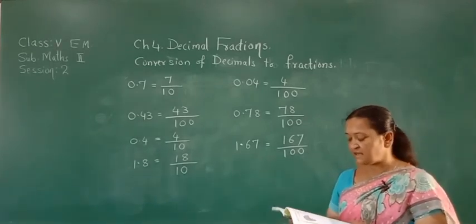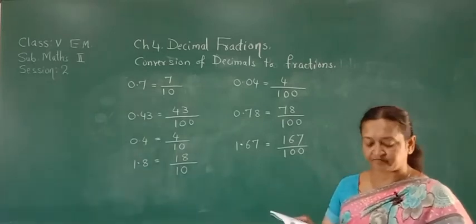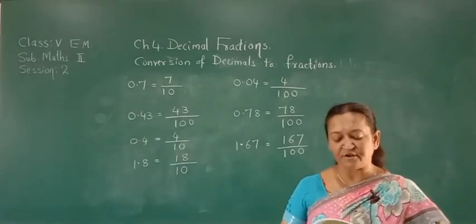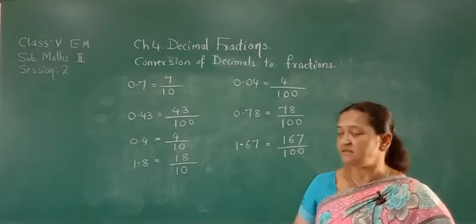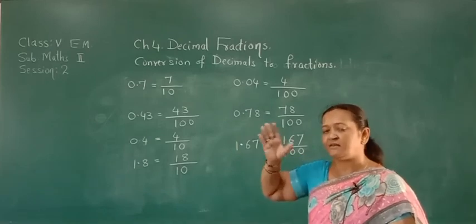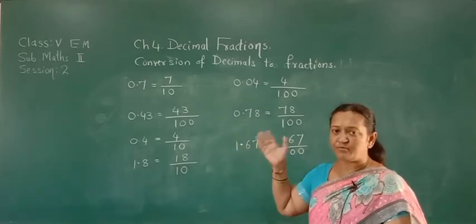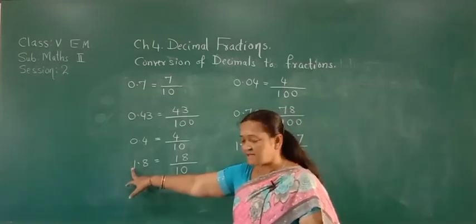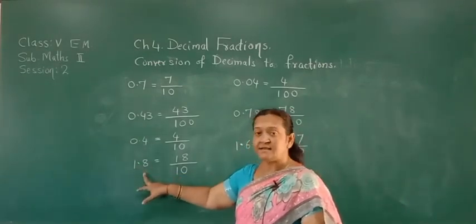So this is how we convert decimals to fractions. So what should we do here? First we should write the numbers, both integral and decimal part together, as a numerator, as we did here. This is the integral part and this is the decimal part.